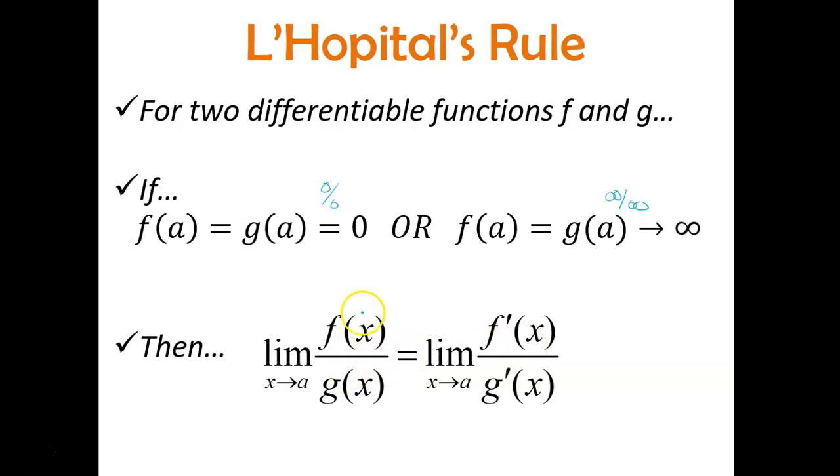So think about this. If these 2 things are both going to 0, and we saw this in chapter 2, how about e to the negative x? We know that's going to 0 as x approaches 0. Let's assume x is approaching 0. And x squared is also approaching 0. In chapter 2, back in the day, we would have said, okay, but which one's approaching 0 faster?